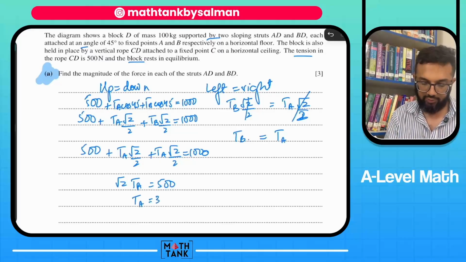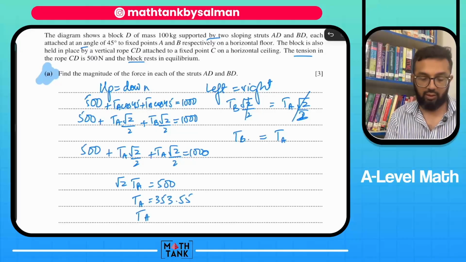So T_A is 353.55. So I'm going to say that T_A is 354.